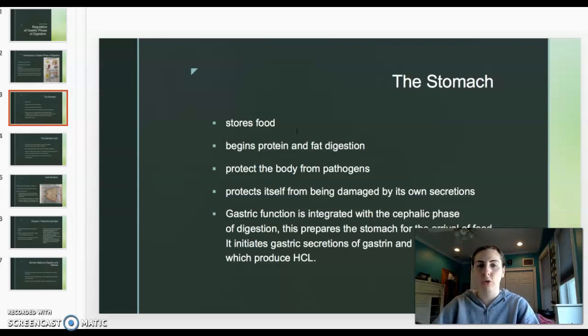Another role of the stomach is to break down the proteins of the food and to begin fat digestion. The stomach is also known to produce enzymes and acids that protect the body from pathogens. Sometimes we eat pathogens that could be harmful to our body, and our stomach is one of the defense mechanisms that the body has in protecting ourselves from these pathogens.